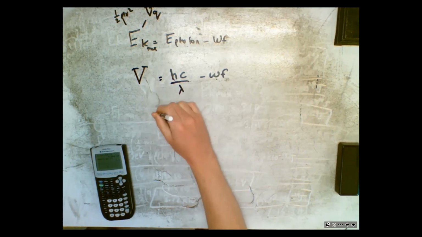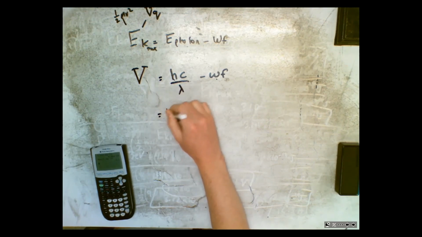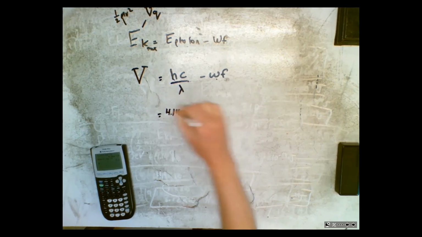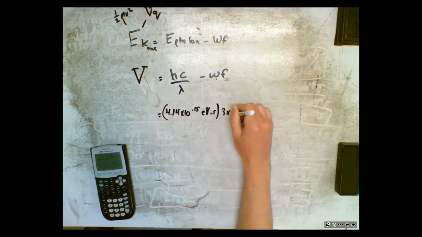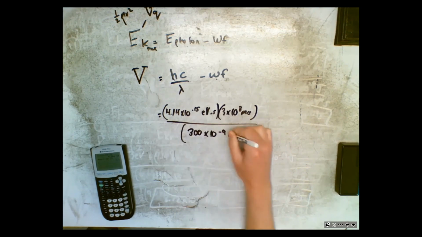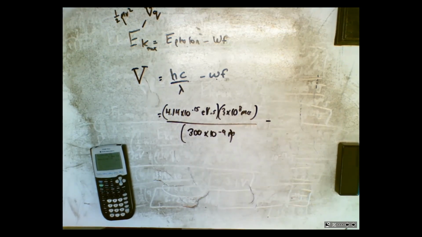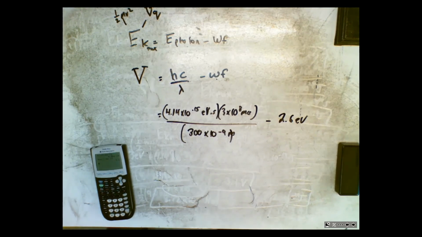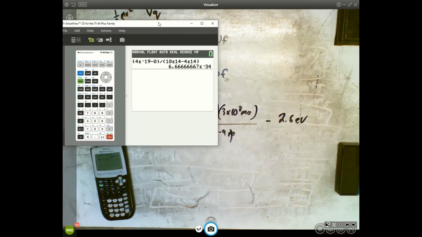Okay. So our H is going to be 4.14 times 10 to the negative 15 electron volt seconds times the speed of light. And our wavelength is 300 nanometers, so 300 times 10 to the negative 9 meters. And we subtract our work function, which is 2.6 electron volts. Okay, and if we plug this in, redeem myself from last lesson.